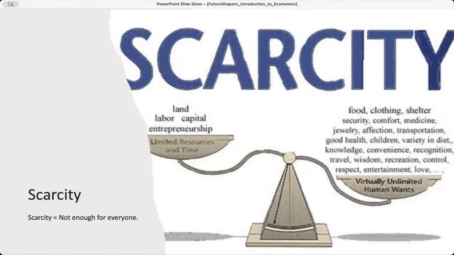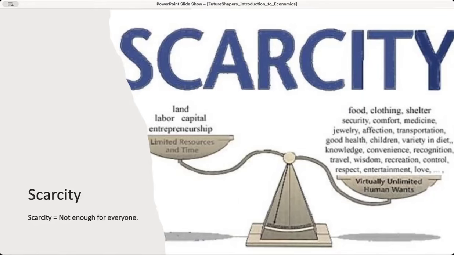But we have limited resources, limited raw materials, and limited supply of goods to fulfill these needs, wants, and expectations of people. So, because of unlimited wants, people would like to consume more than it is possible to produce. Scarcity means there isn't enough for everyone.